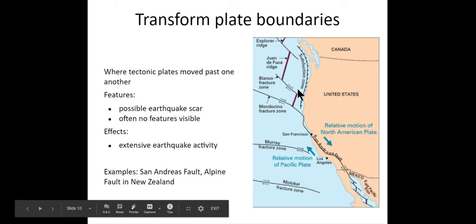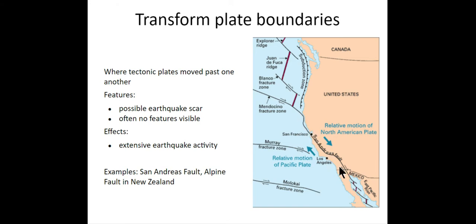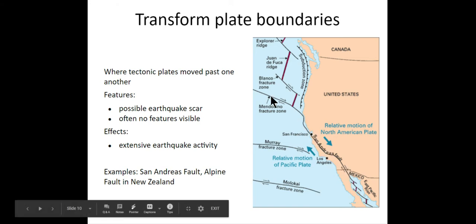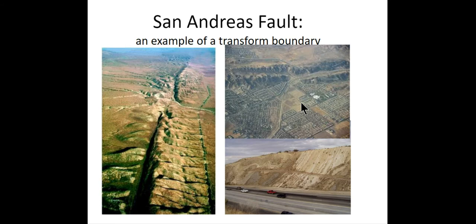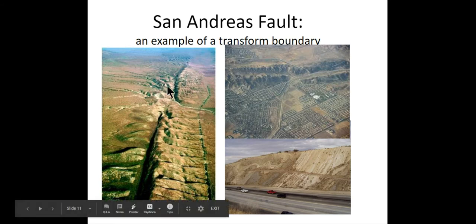Some of you might remember in the news that the San Francisco area had two really big earthquakes last summer. That's because San Francisco and Los Angeles are right on this San Andreas Fault, which is one of the more well-known transform boundaries in the world. And here's more pictures of the San Andreas Fault. You can see how distorted it is.